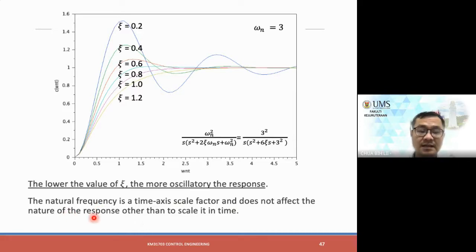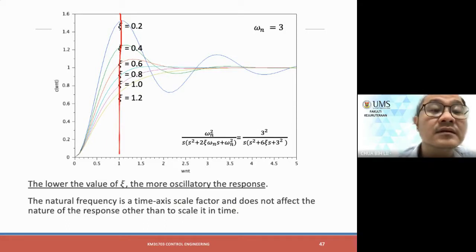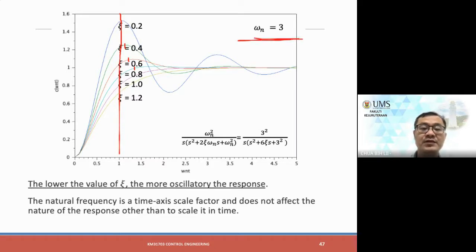What it means is that you can see the maximum points here, here, and here. The points of the oscillation are more or less similar. It will not affect the whole response itself when we apply the same natural frequency.